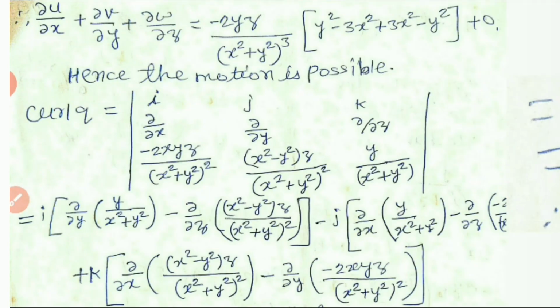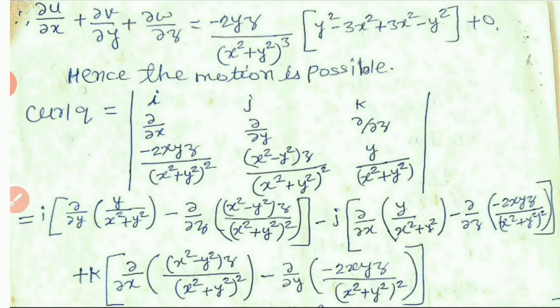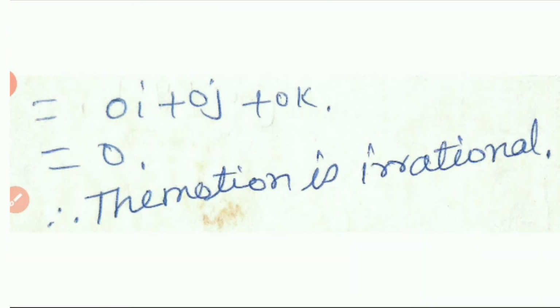We get, after calculation, this will be 0, this j is also 0, and this k is also 0. By taking the partial derivative and after calculation we get this will be 0. So 0i plus 0j plus 0k is equal to 0, and therefore motion is irrotational.